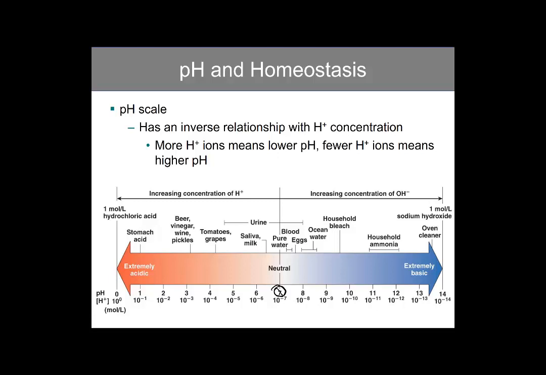Stomach acid has a pH of 1, and what creates that pH is hydrochloric acid, simply HCl. On the other end of the spectrum, we have ammonia, oven cleaner, and bleach. These are all extremely basic solutions, so they have a high hydroxide ion concentration.